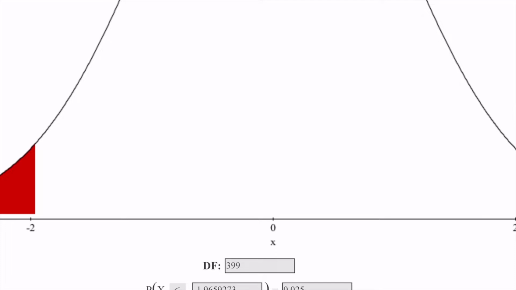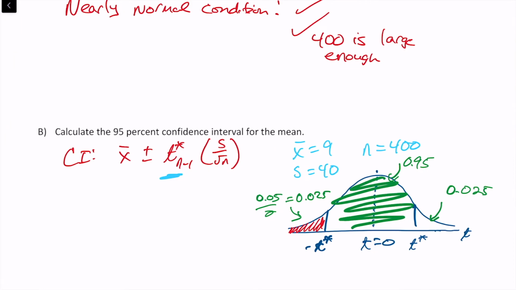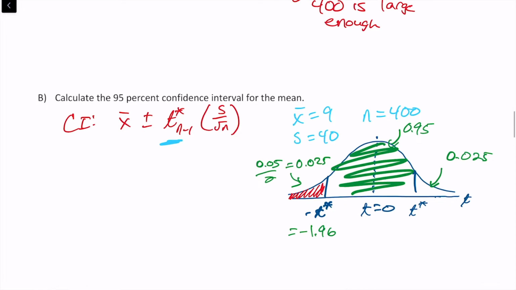It is a negative 1.96. Notice how close that t-score is to the critical value for the normal distribution, which was also negative 1.96. That's because that degrees of freedom is really, really large, so we're really, really close to being a normal distribution. But anyways, negative 1.96 is what we'll put here, which indicates the positive version is the critical t-score that we're going to use.